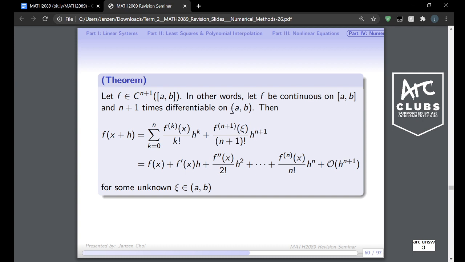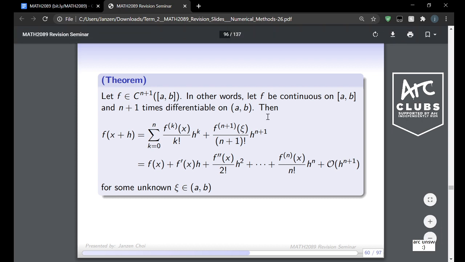Usually we can express this remainder via big O notation, so you don't really have to write this expression. However, if they specifically ask for you to do so, you can't just write it with the big O notation.